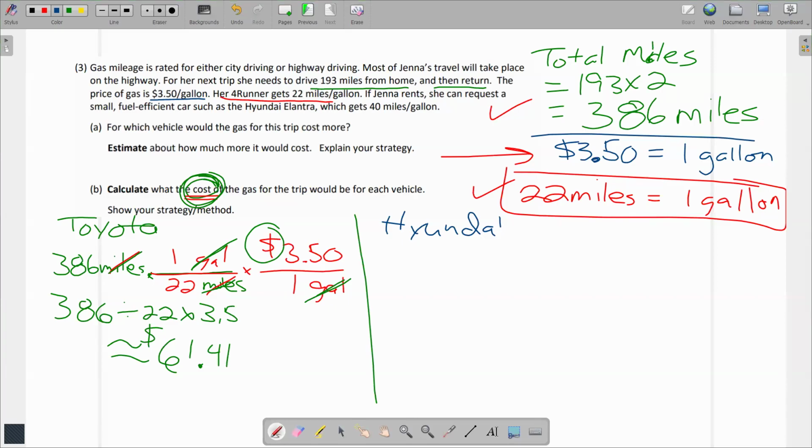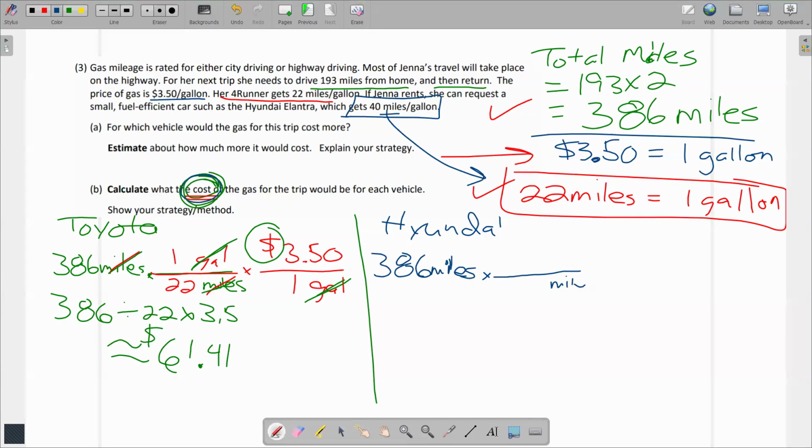Okay, so here's my work for the Hyundai. Starting off again, 386 miles. My goal is to get to cost. The only thing I didn't write down explicitly is the same idea that I did there with just a different amount. So this has miles in it, so that's going to help me get rid of miles here.